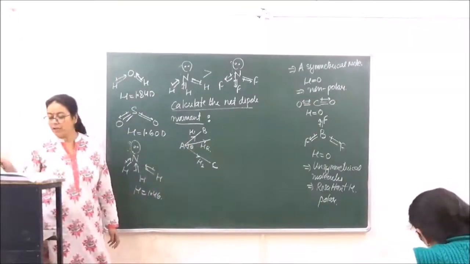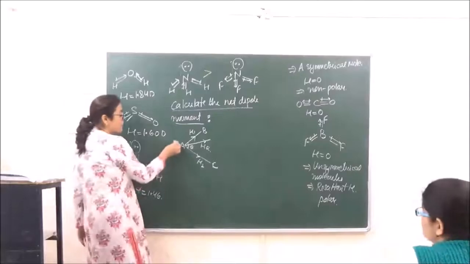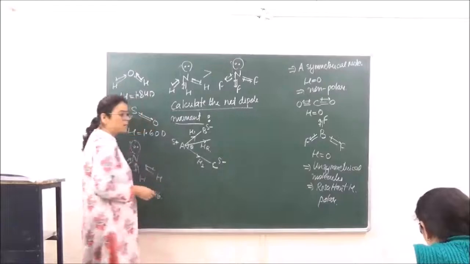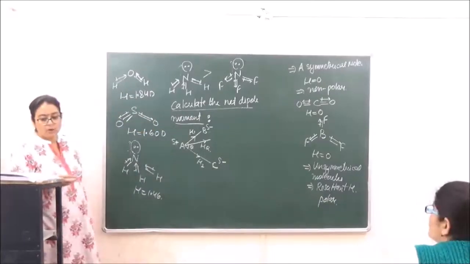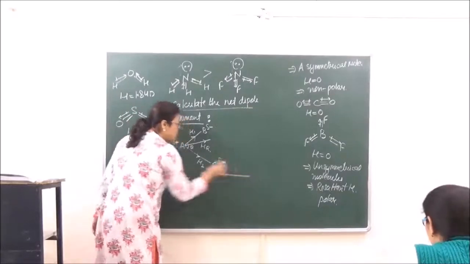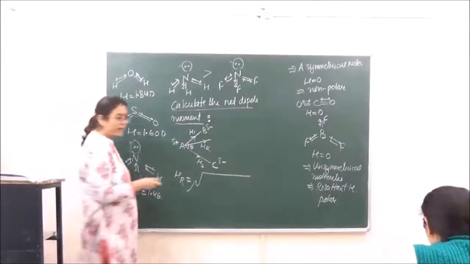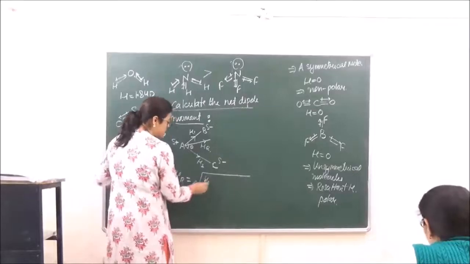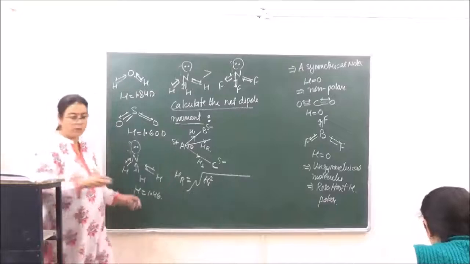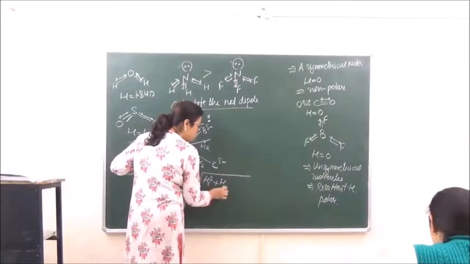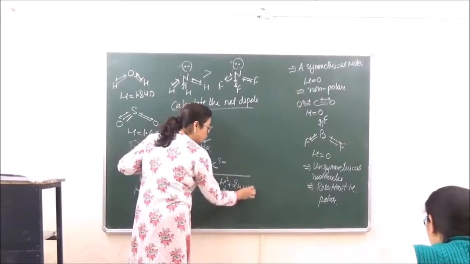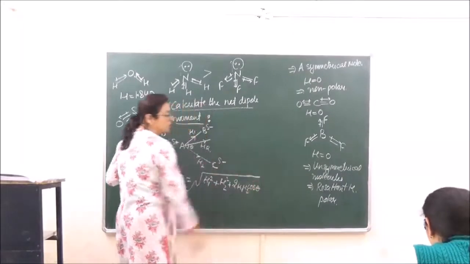Now in order to calculate, we say that there is a partial positive charge on A over here, a partial negative charge on B, and a partial negative charge on C. So the resulting dipole moment is given by the expression under root of mu1 square plus mu2 square plus 2 mu1 mu2 cos theta.